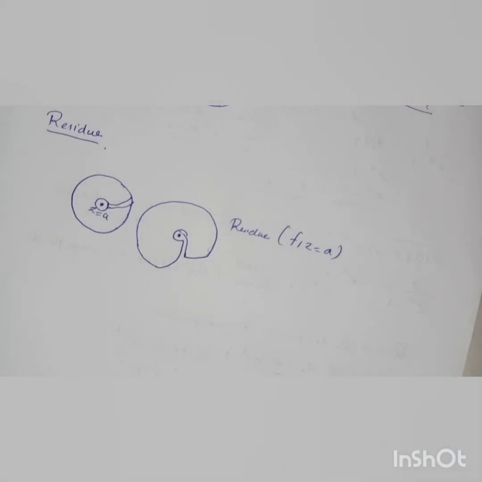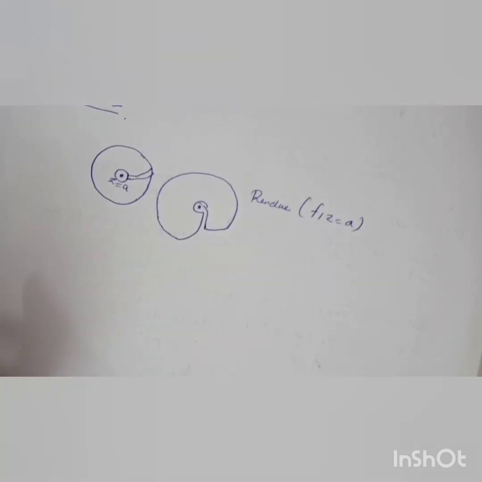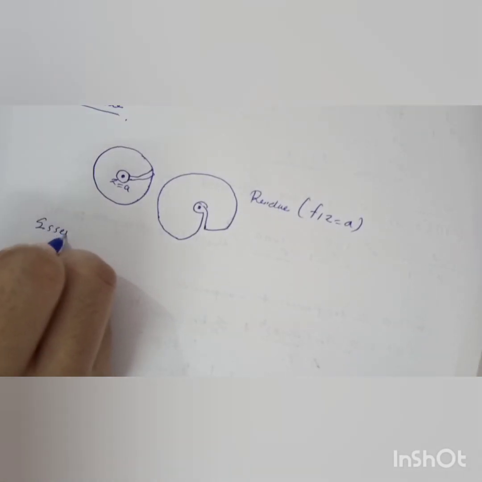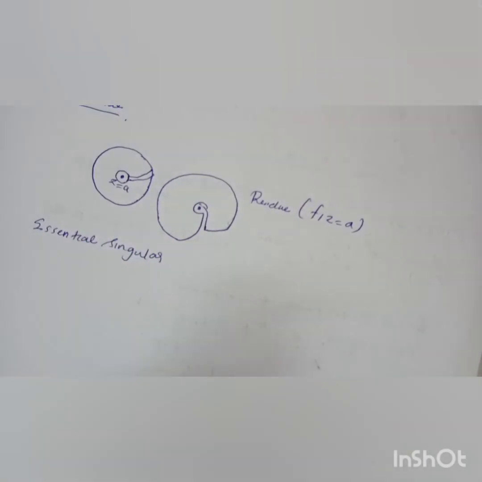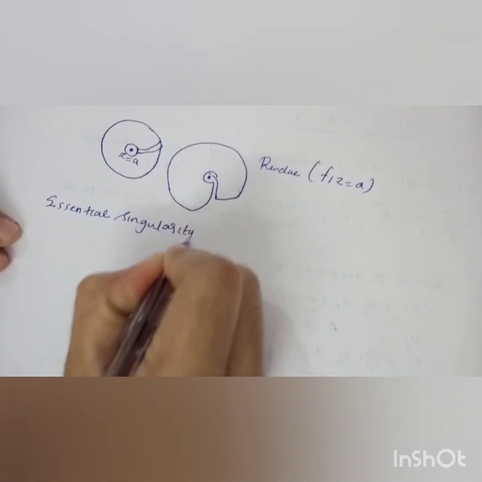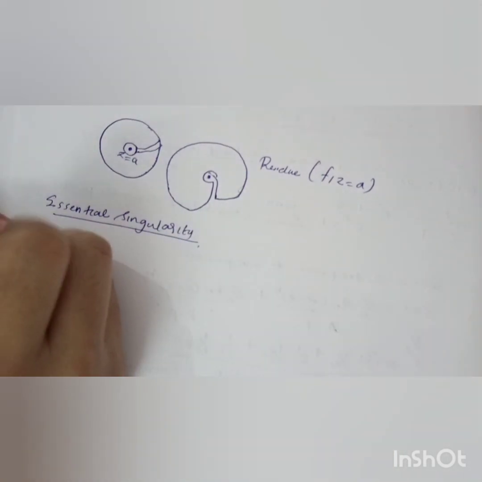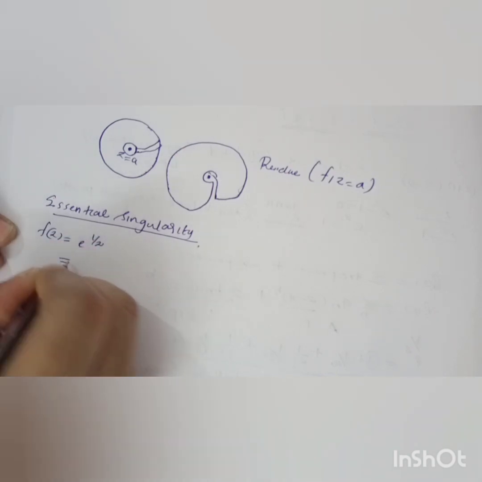Okay, so how do we find this residue? If you are considering an essential singularity, it means the principal part contains an infinite number of terms. Take the function f of z is equal to e raised to 1 by z.